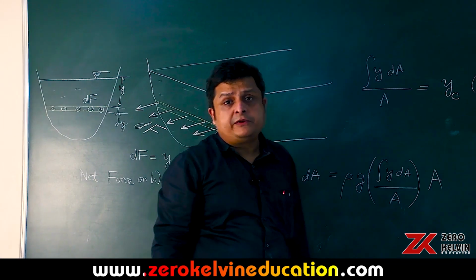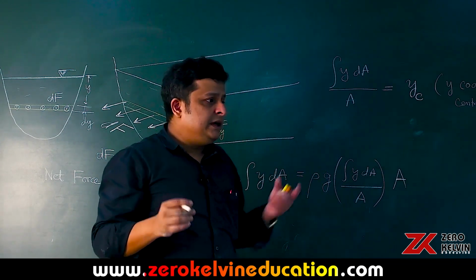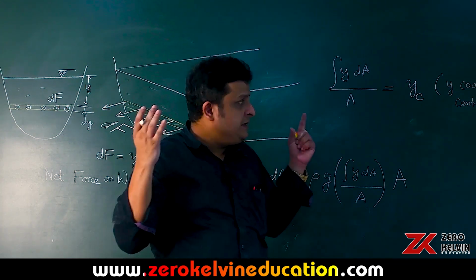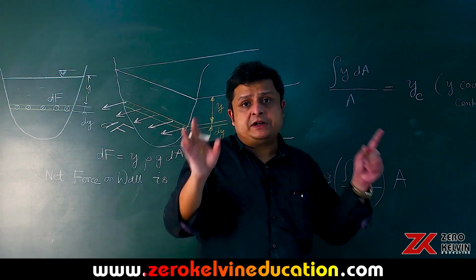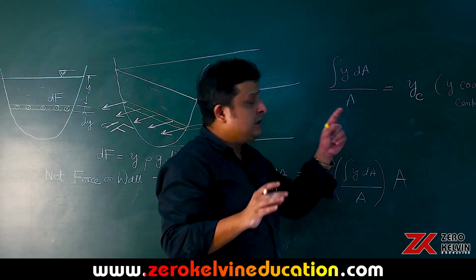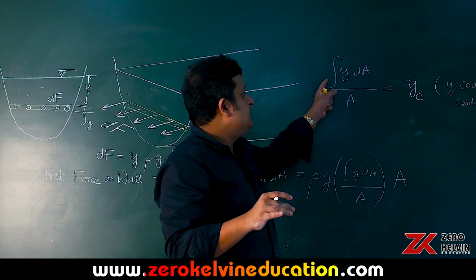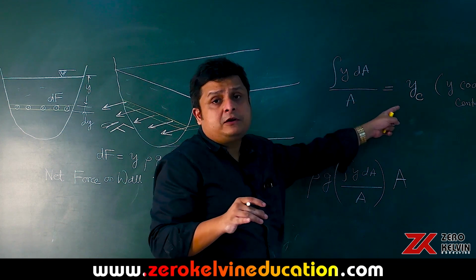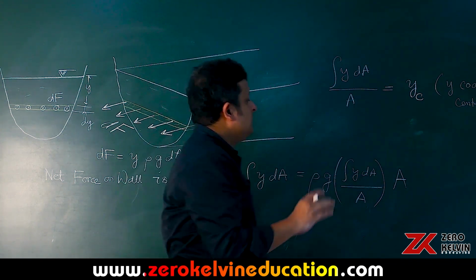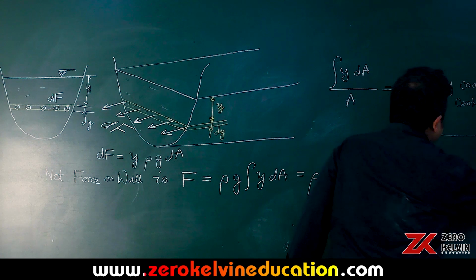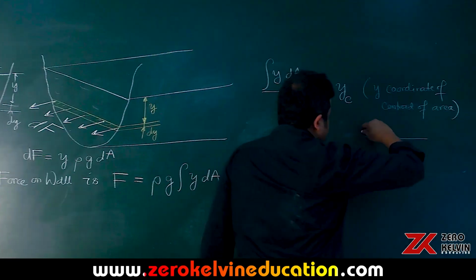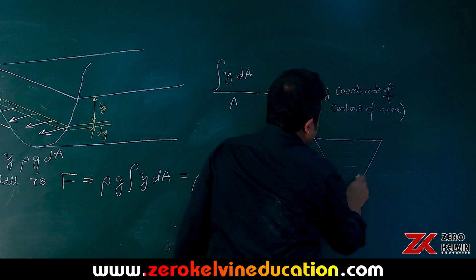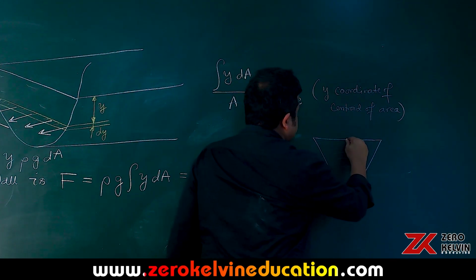Once again, the y coordinate of the centroid of area is the y coordinate of the center of mass of a lamina having uniform mass distributed over its surface. That is known as the centroid of area. For example, say you have a triangle, and this is the total area.